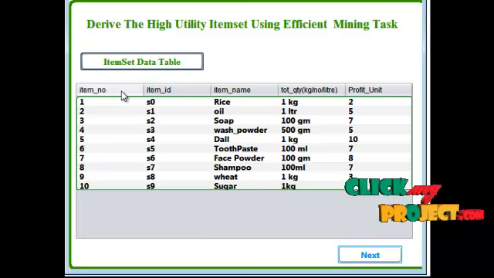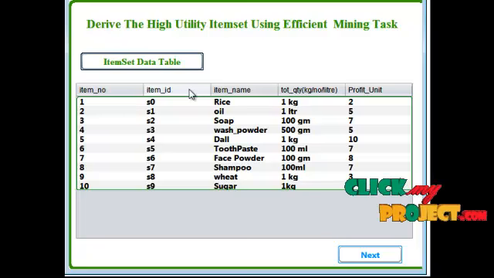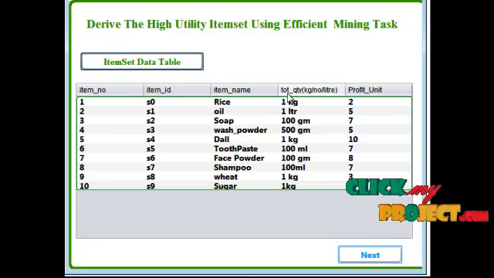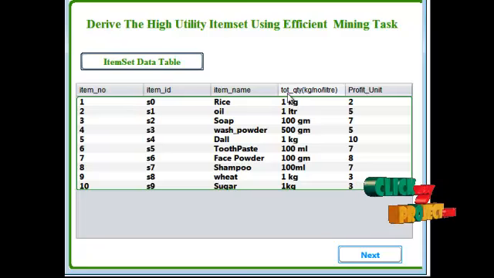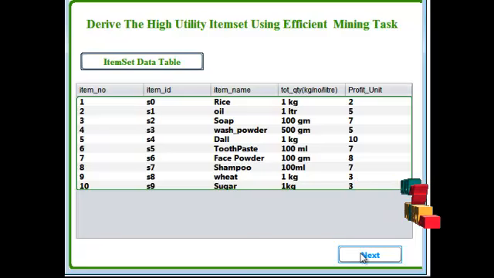The item number is defined as the index of items and the item ID is the ID of each item. The item name is described here. The quantity explains the unit of each item. The profit unit defines each item's profit.